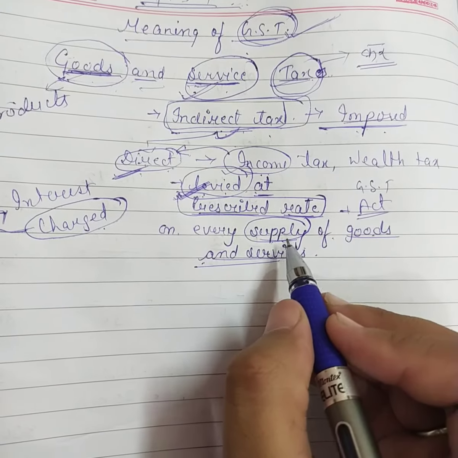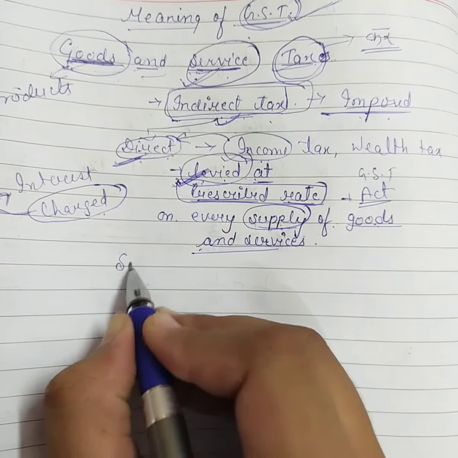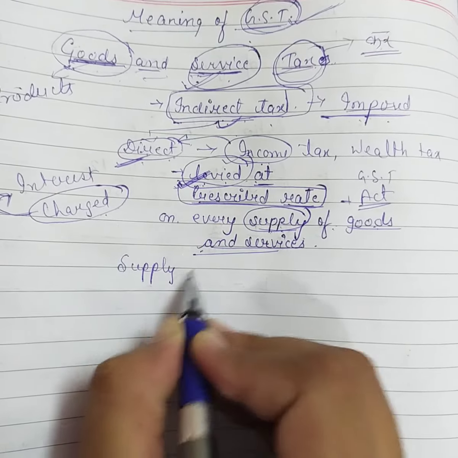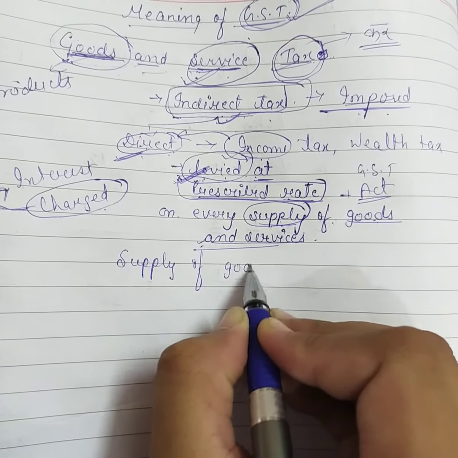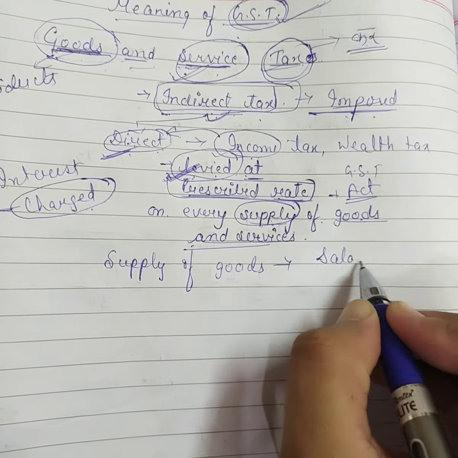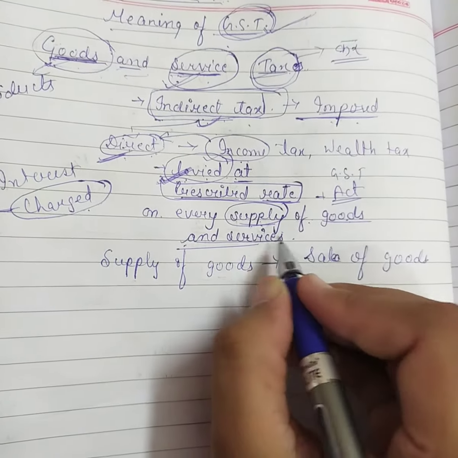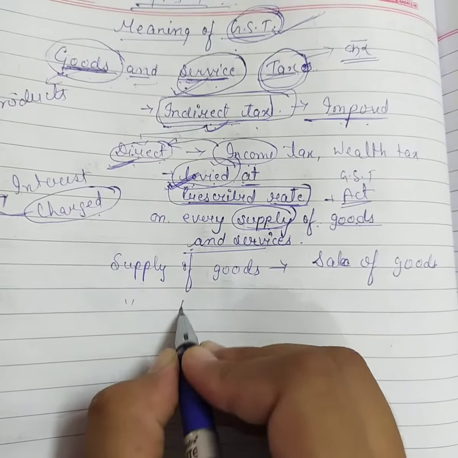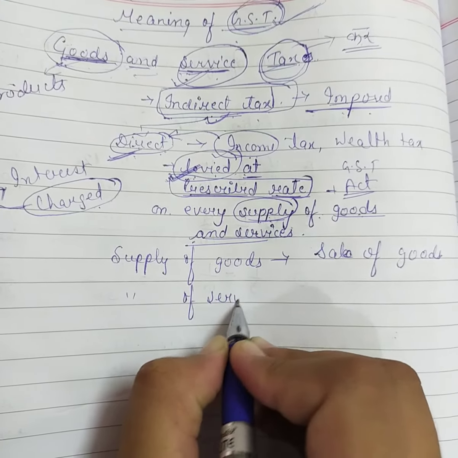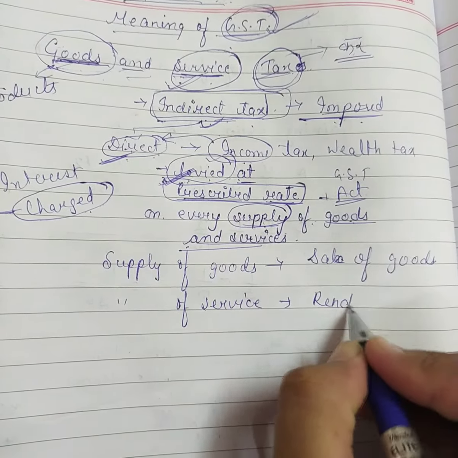So what we understand by supply of goods? Supply of goods means sale of goods, and supply of services means rendering of services.